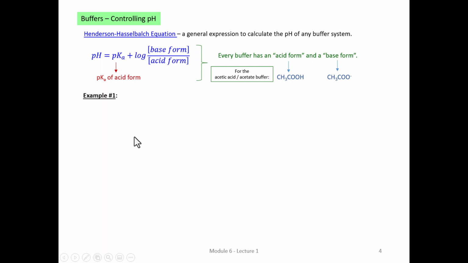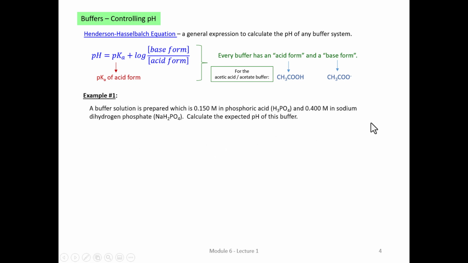So let's do an example of a calculation of a pH of a different buffer besides the acetic acid acetate buffer. And this example problem says a buffer solution is prepared which is 0.150 molar in phosphoric acid, H3PO4, and 0.4 molar in sodium dihydrogen phosphate, NaH2PO4.